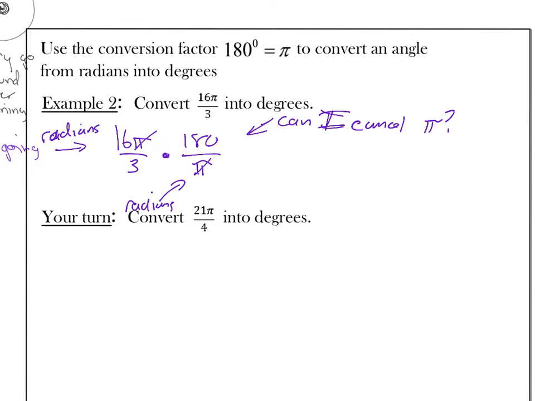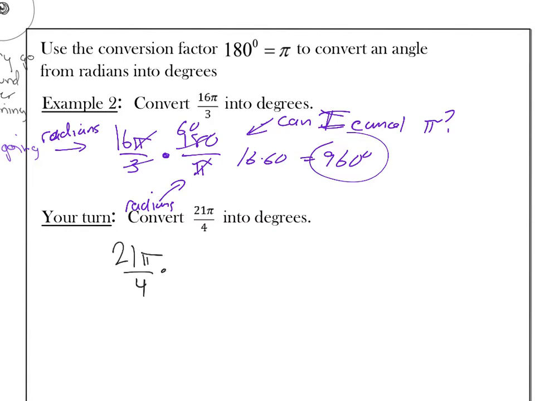All right, so here, if I do some canceling out there, that's going to be 60. That's going to cancel out. So 16 times 60 should give me 960 degrees. So 16 pi over 3 is 960 degrees. So that's spinning about 2 full circles plus about another half of one more. So again, all I'm doing, converting this to degrees, my check is to have 180 over pi.